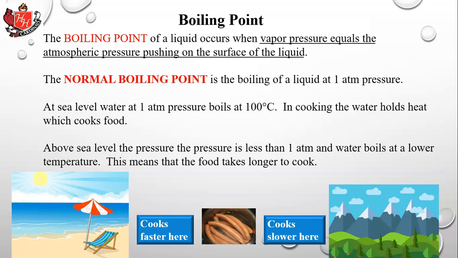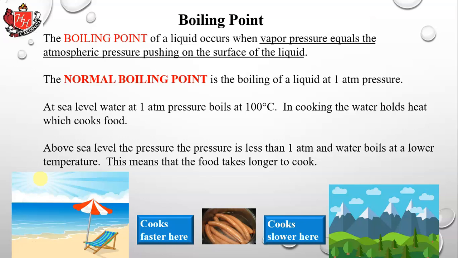So it only takes 95 degrees of temperature to get the water molecules to evaporate up out of the water. What that means is that the water molecules that are still down in the water trying to cook your hot dog aren't going to cook it as hot because they can't get as hot. Once they get hotter than 95, they're going to escape and go up into the atmosphere.